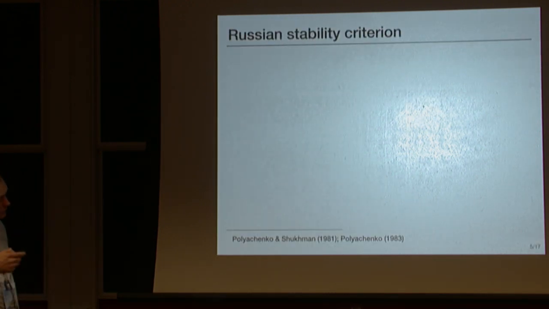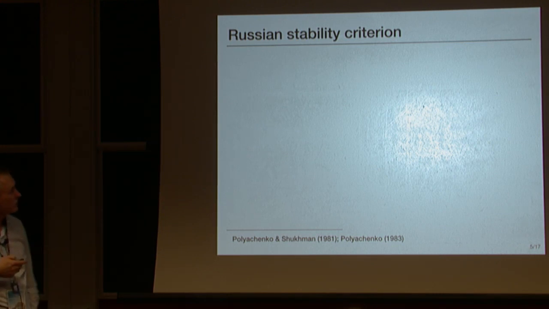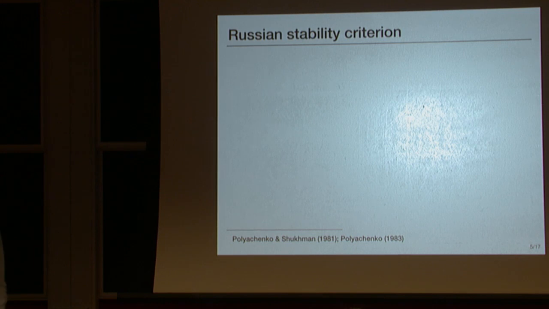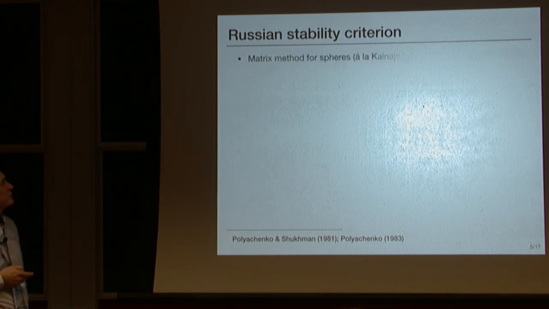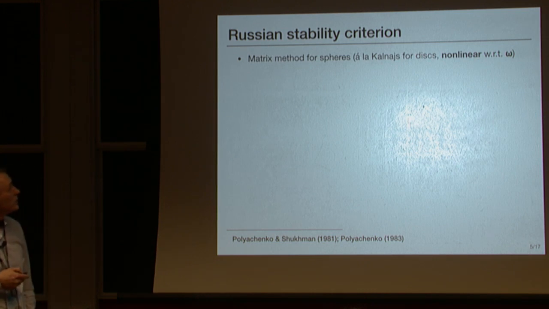First of all, I will remind you of the stability criterion. It is an empirical stability criterion based on a solution using the matrix method, like Kalnajs, but for spherical systems, for several models.